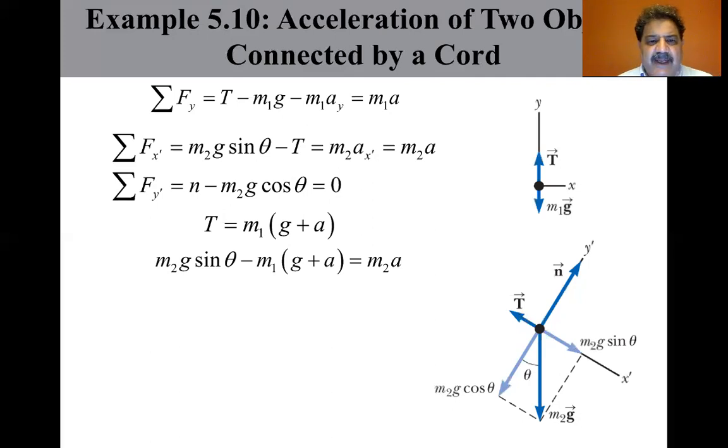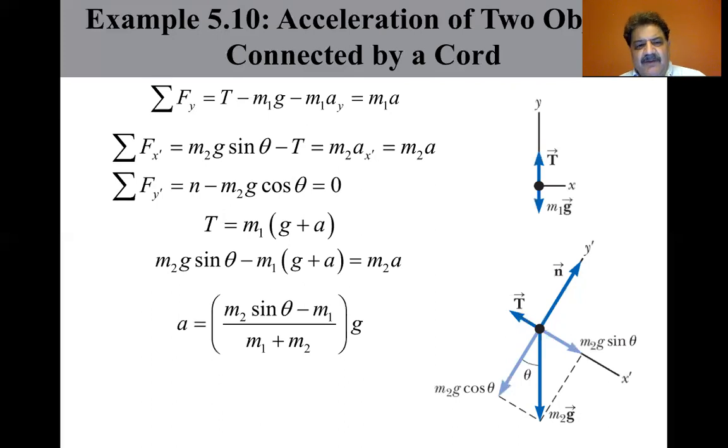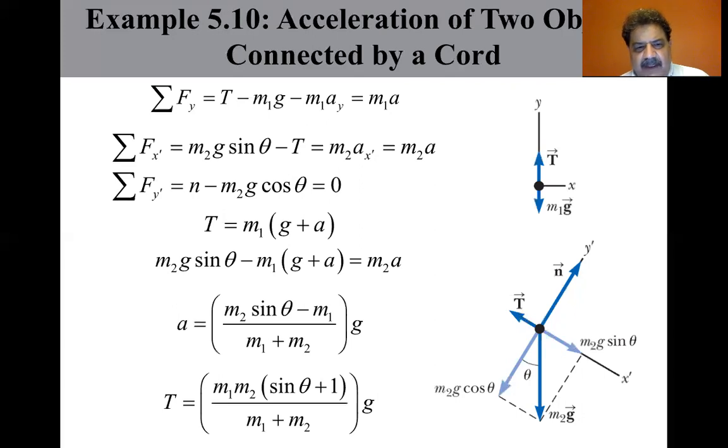Solving for a, we get a equals (m2 sine theta minus m1) divided by (m1 plus m2), the sum of the masses, times g. Substitute this expression for a to find T.